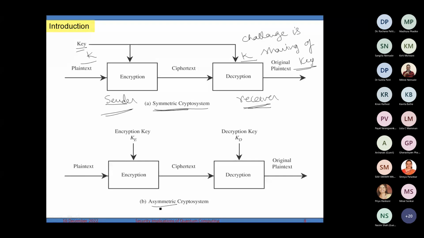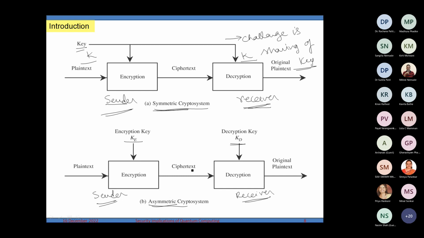In the second approach, we have asymmetric crypto systems, wherein we have one key for encryption, which we call the encryption key, KE, and another key for decryption, which is called KD. At the sender I use one key for encryption, and at the receiver I use a different key for decryption. By doing this, I am able to solve this challenge. The sharing of the key is no more required because I am using two different keys.